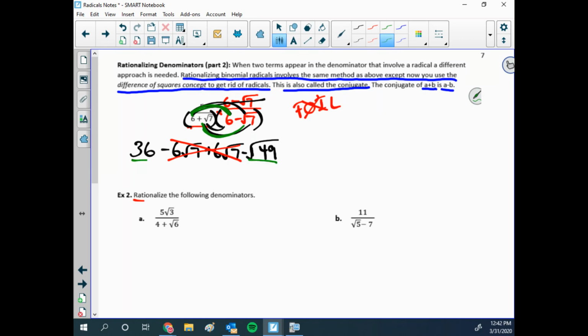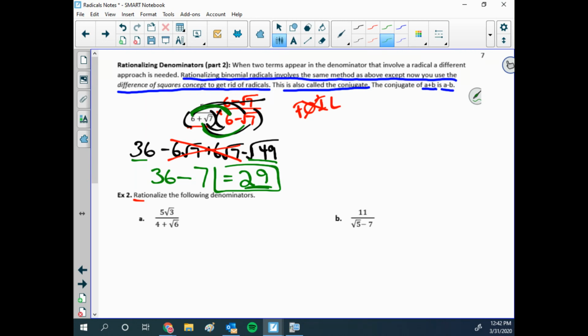When I simplify this, it would be 36 minus the square root of 49, which is just 7, giving me 29. That would be my new rationalized denominator. And as long as I don't have a root sign in the denominator, I know I'm on the right track. So that's why we use the difference of squares concept to help us rationalize binomial denominators.